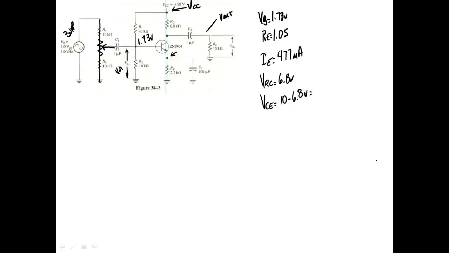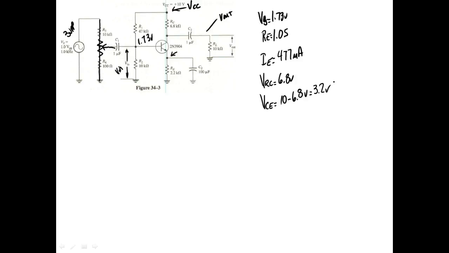We got something wrong, huh? 3.2. Where did we come up with 5-point-something that long ago? So my voltage collector to emitter is 5.6 volts. So what do we got wrong?